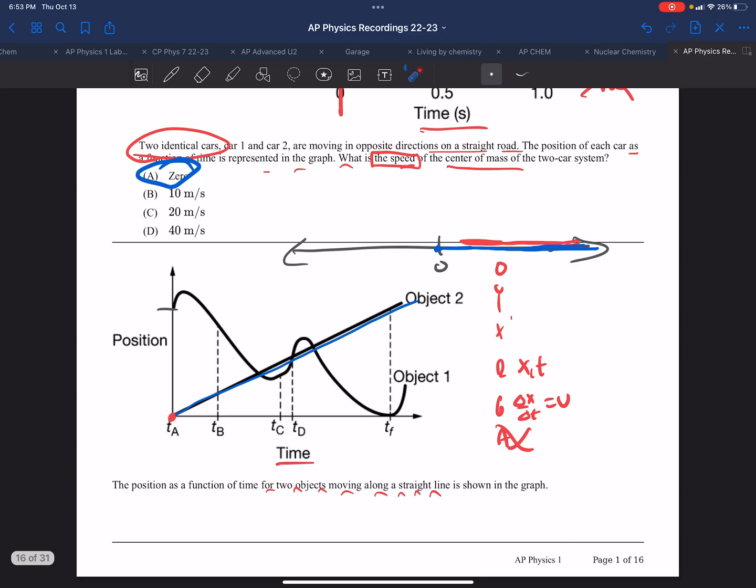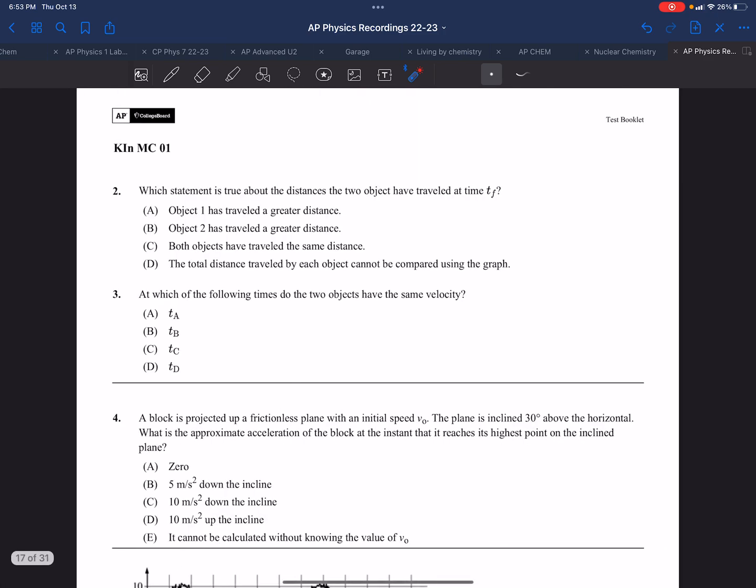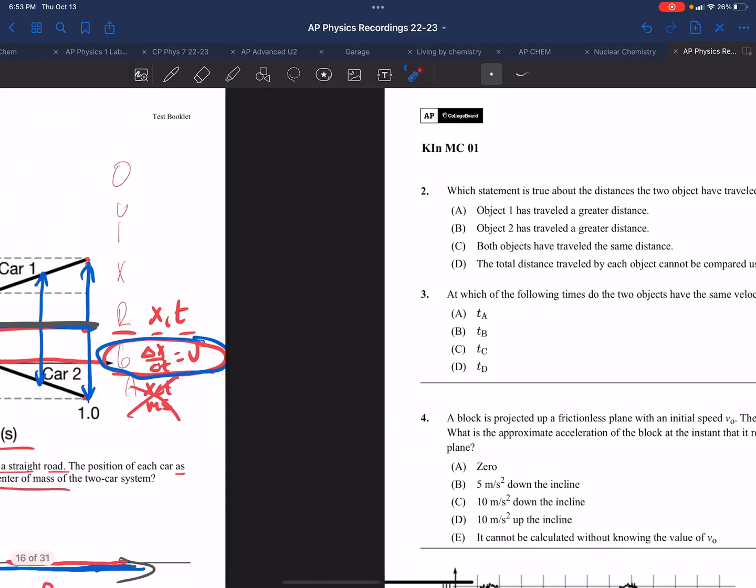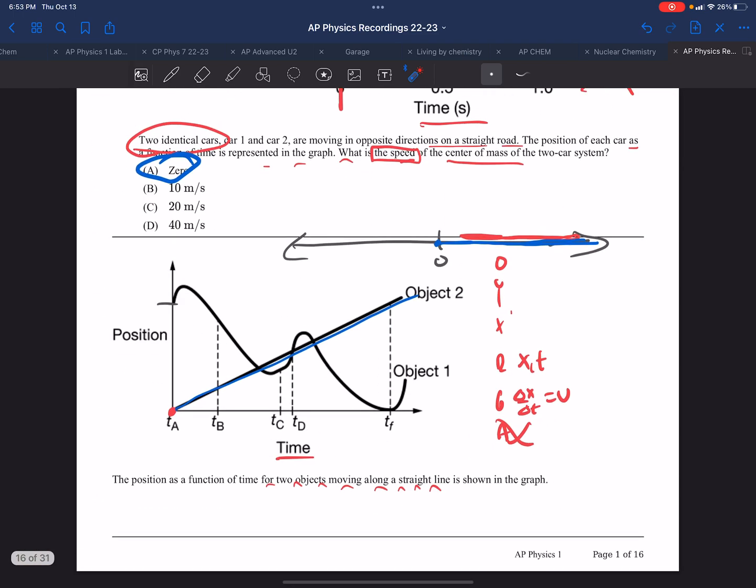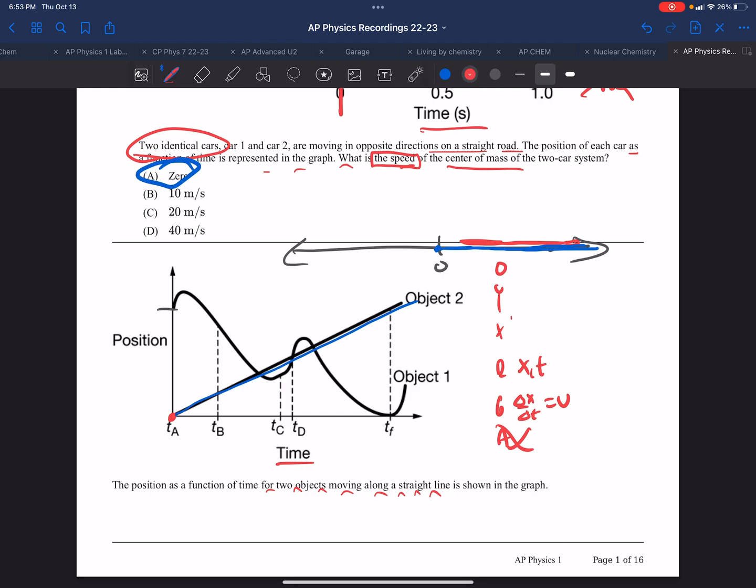So now if we read the question, what's true about the distances the two objects have traveled at time tf? Well, at tf, the distance that object 2 has traveled is this distance right here. So it has this value right here, which we will call x.